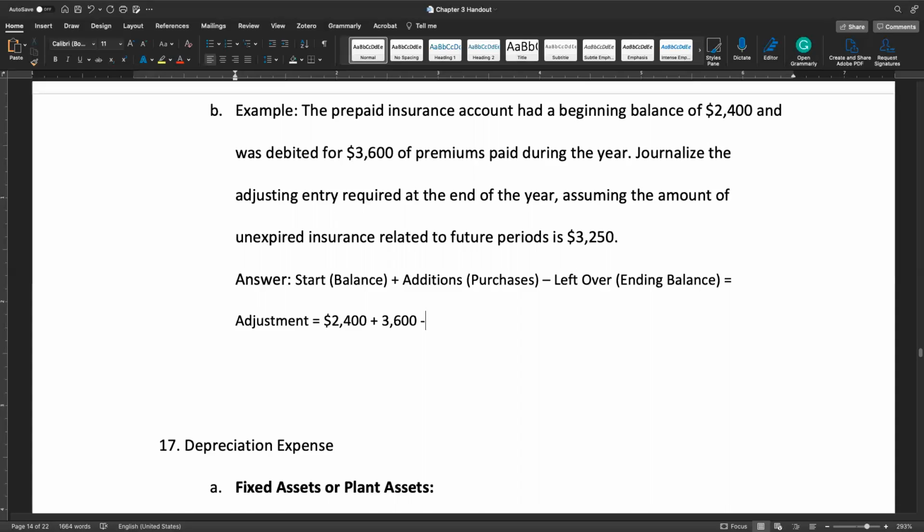What's our unexpired insurance amount? 3,250. So that's our leftover, our ending balance. So 2,400 plus 3,600 minus 3,250 should give us 2,750, I think.